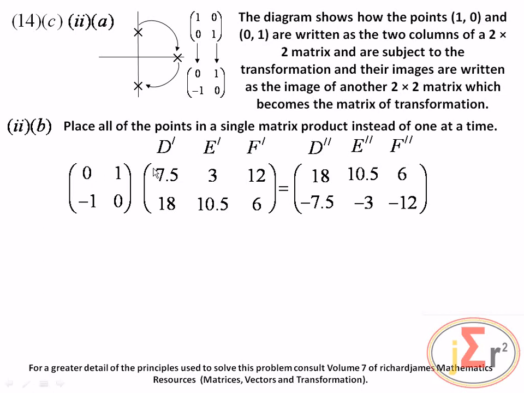This multiplied by this. 0 times 7.5, that's gone. 1 multiplied by 18, we have 18 there. Now we say negative 1 multiplied by 7.5, that's negative 7.5, and 0 times 18, that's 0. So we have 18, negative 7.5.